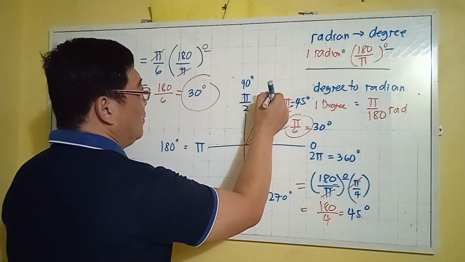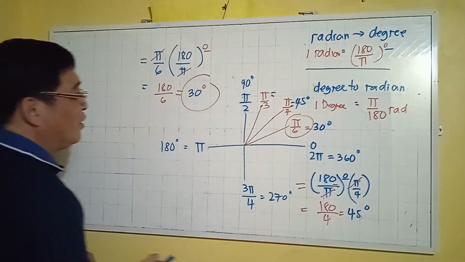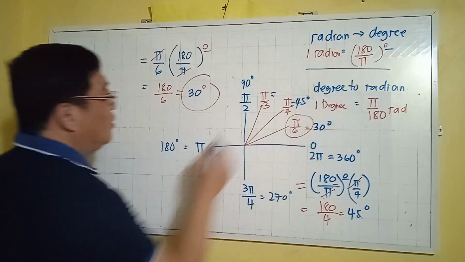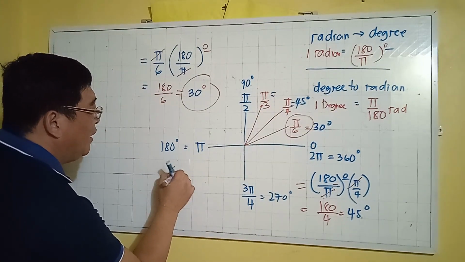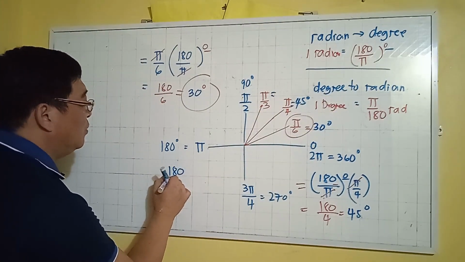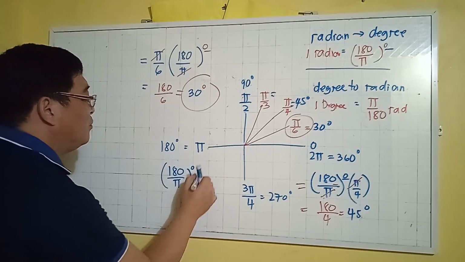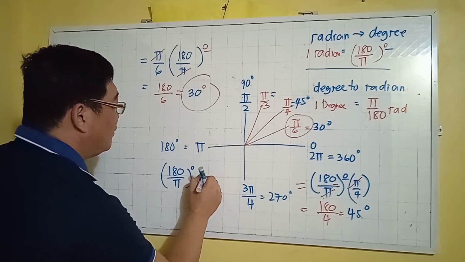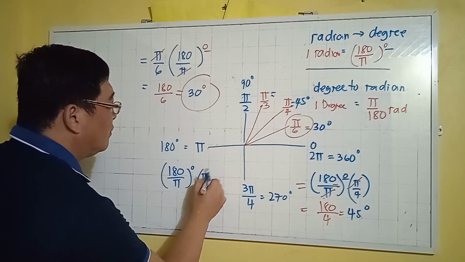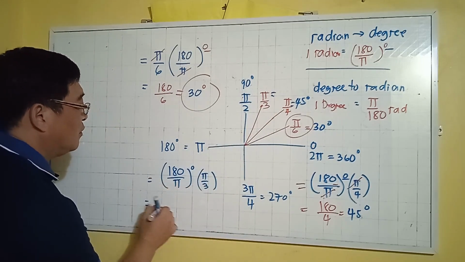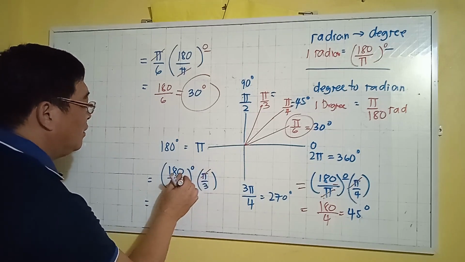Now, ito naman tayo sa pi over 3. Pi over 3, ito rin gagamitin, 180 over pi. That is in terms of degrees, multiply by pi over 3. Cancel yung pi.